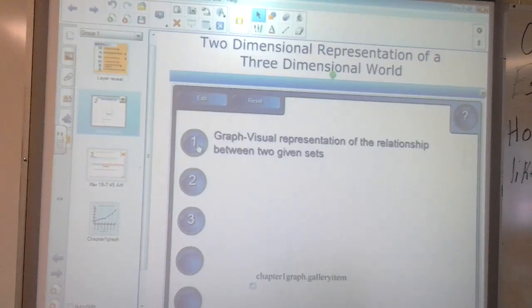A graph, anybody who's had math, knows that it's a visual representation of the relationship between two given sets. So in this particular chapter, I think they're comparing education versus salary level. If you have so much education, how much money will you make over your lifetime?